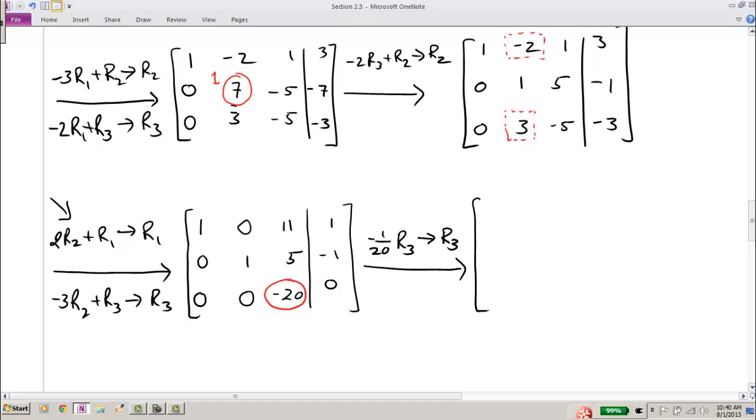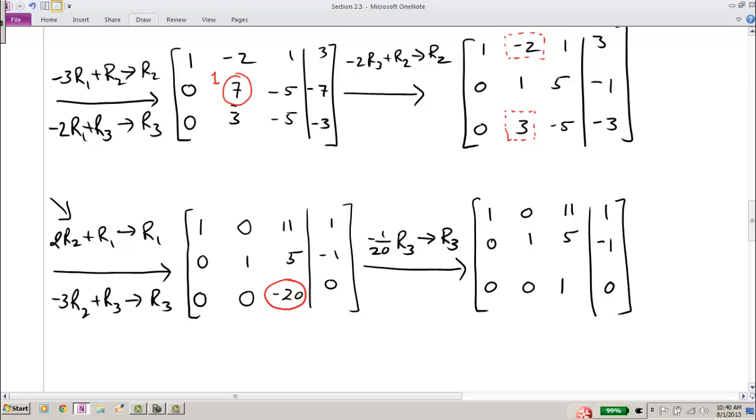Rows 1 and 2 are unchanged. Row 3, multiplying through by negative 1 over 20, that'll be a positive 1, and that'll be a 0.